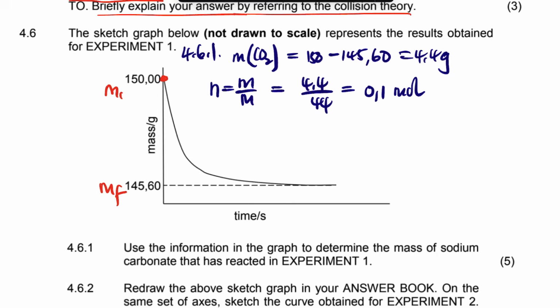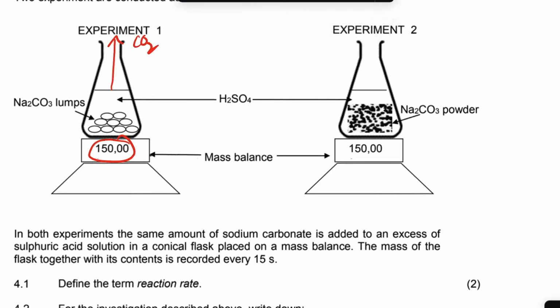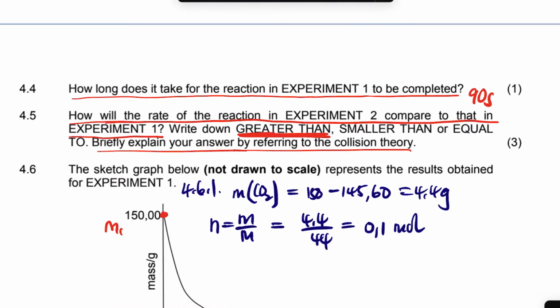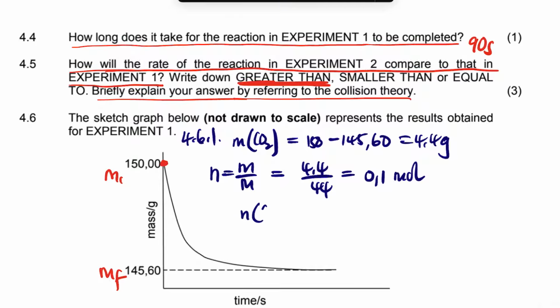That 0.1 mole is the number of moles of carbon dioxide, and then we'll do the mole ratio from the carbon dioxide to the sodium carbonate. The ratio is 1:1 there. So the number of moles of sodium carbonate is equivalent to the number of moles of carbon dioxide, which is 0.1 mole, right?